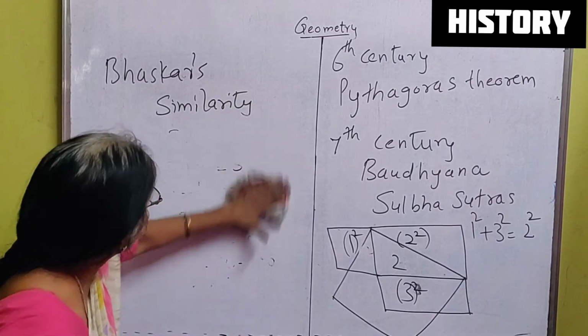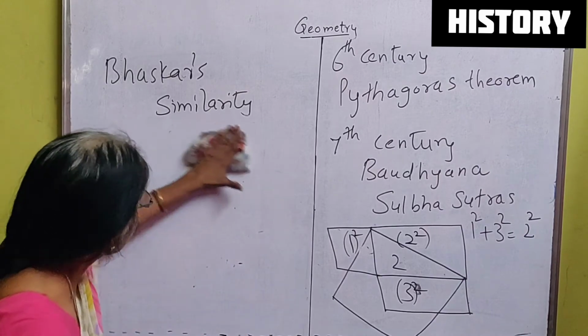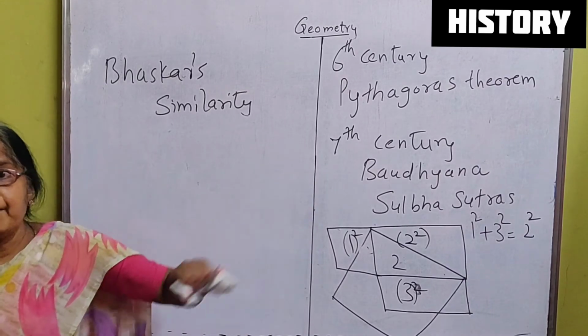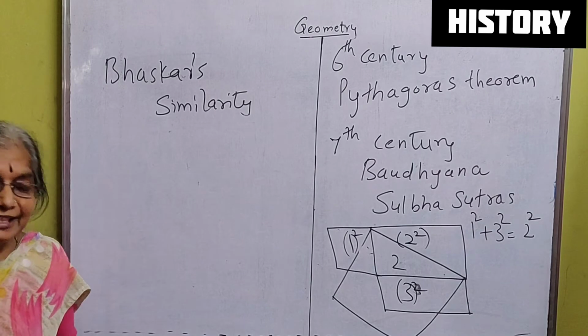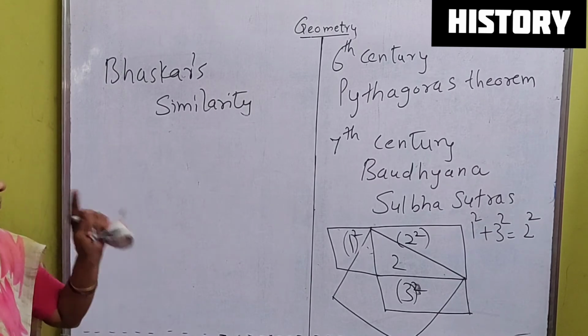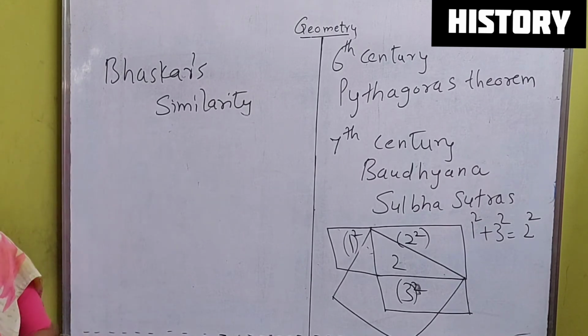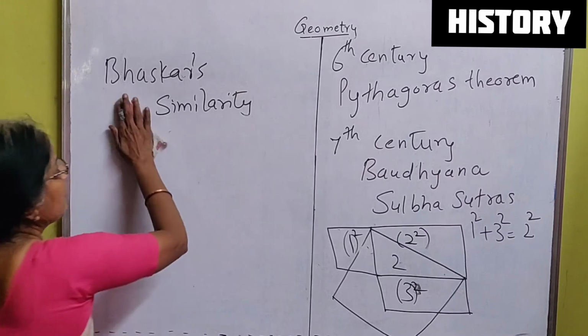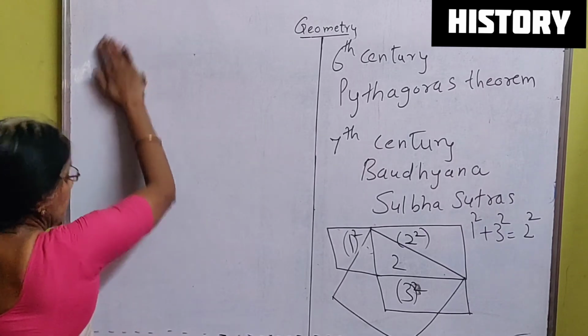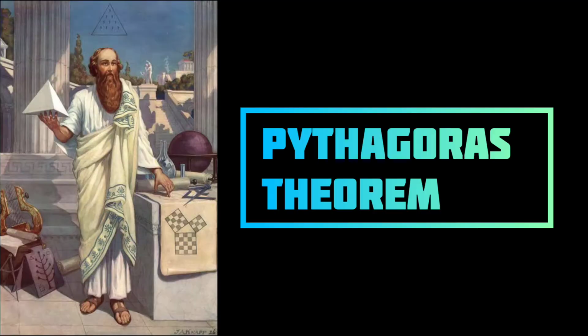Pythagoras gave a proof, but that proof is quite different from the proof we are going to study. The statement is given by Pythagoras, but the proof we take is Bhaskar's proof, which depends upon similarity.